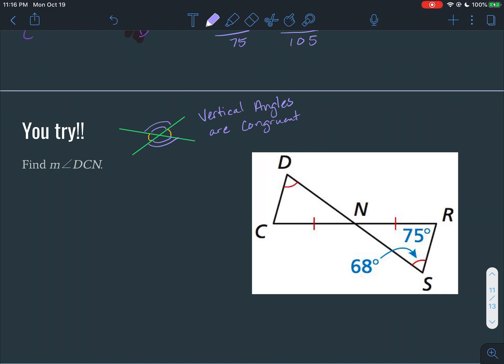Okay. All right, so it's asking us to find the measure of angle DCN. So this angle right here, okay? So it's not labeled yet, but we have that angles S and D are marked as congruent.